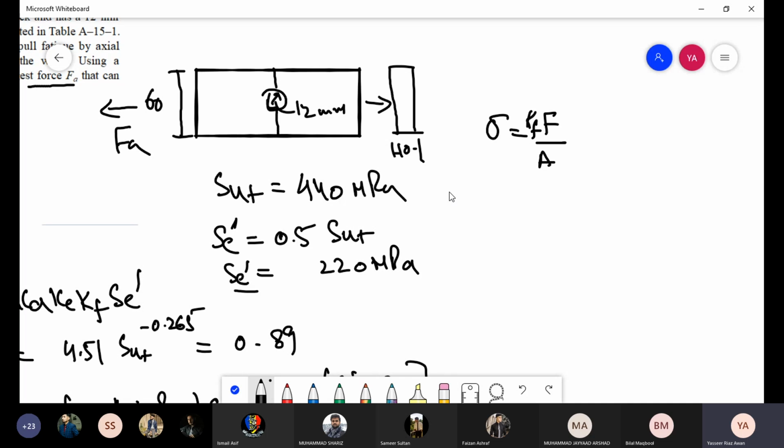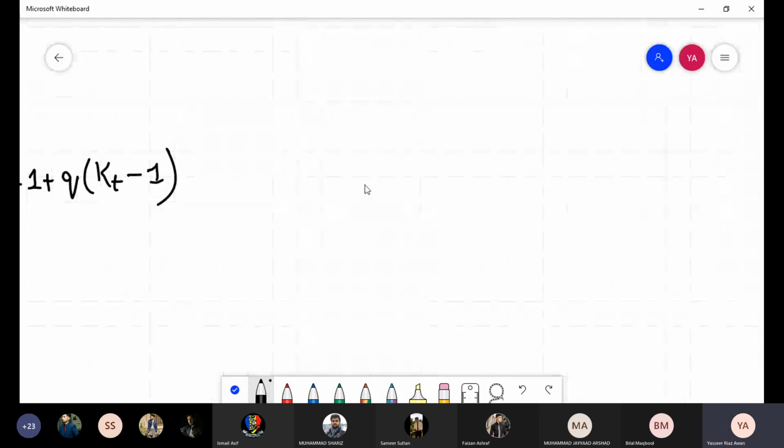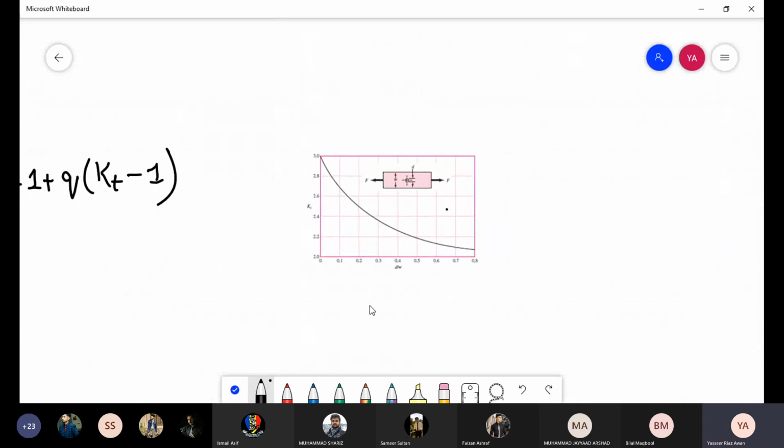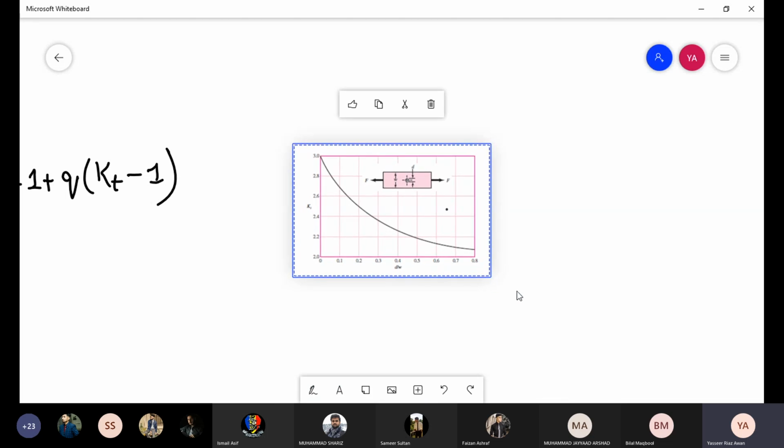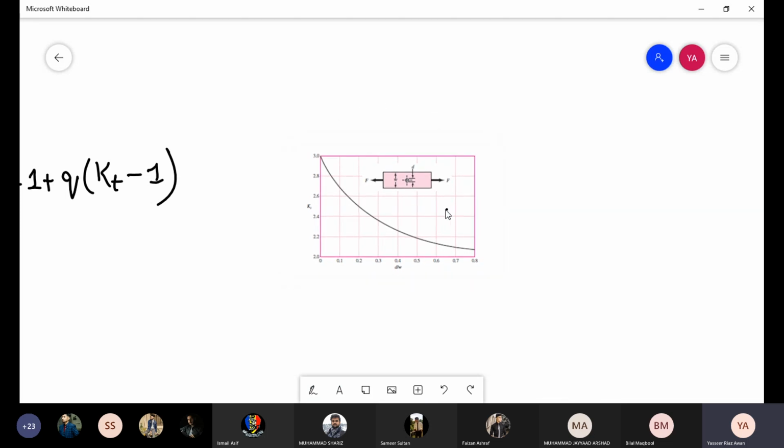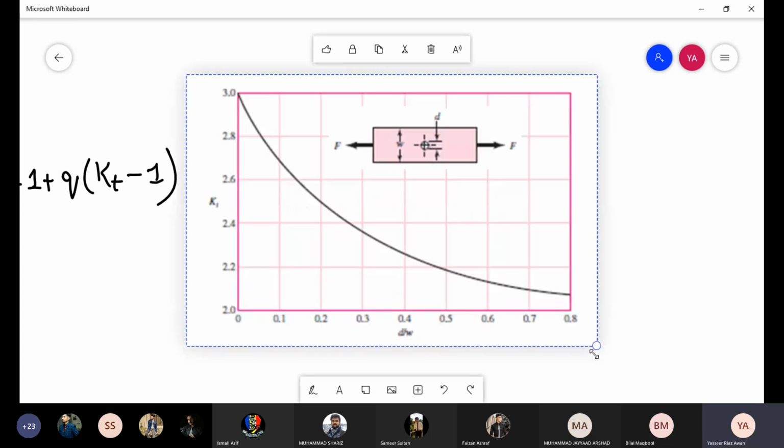Okay. So now this Kf depends upon the notch sensitivity as well as the geometric stress concentration factor. So first, for example, go to table A-15-1, so that is the scenario that we have to discuss.